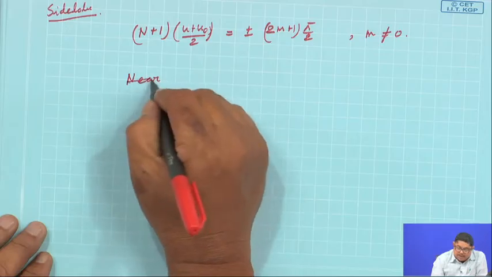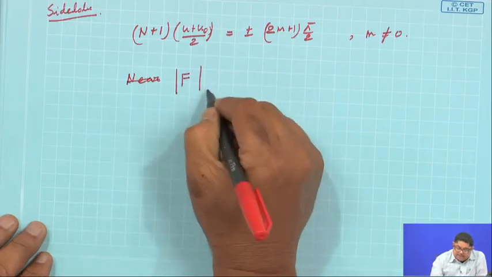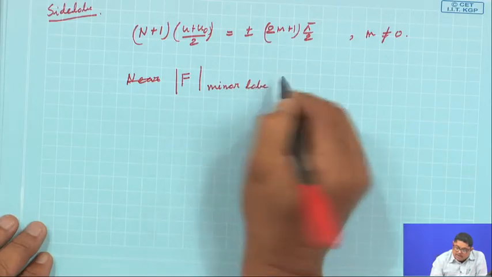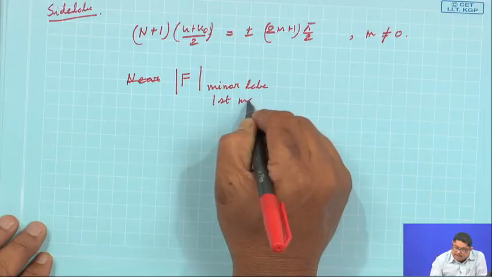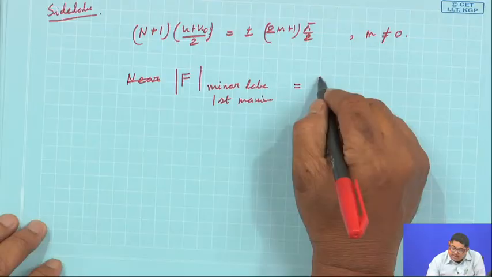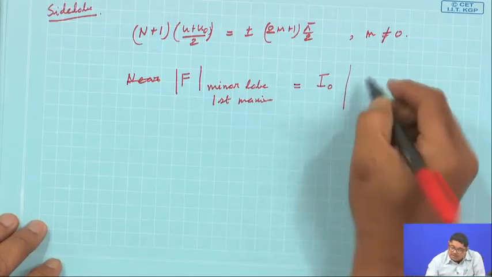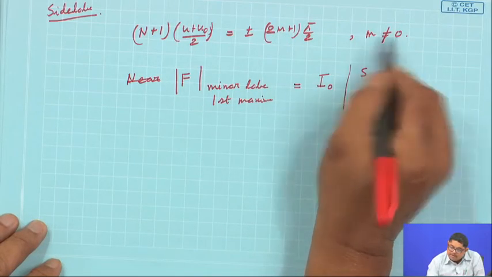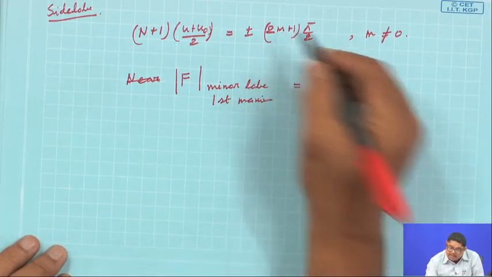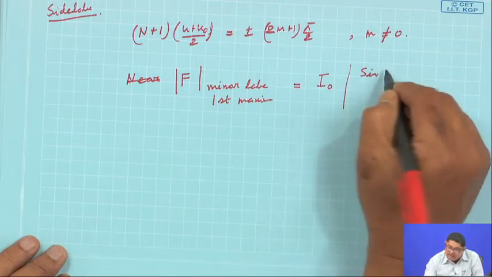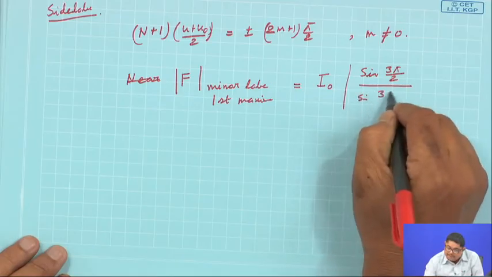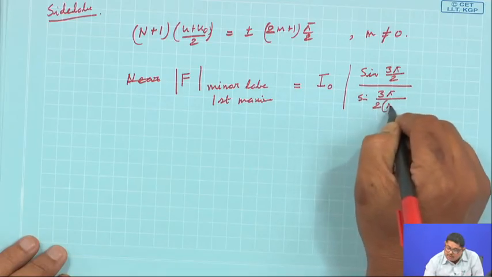We can find the nearest one. The first minor lobe maxima will occur at I naught, where the first m is not 0. So the first value it can take is 3 pi by 2, when m is 1. So sin 3 pi by 2 divided by sin 3 pi by 2 (n plus 1).